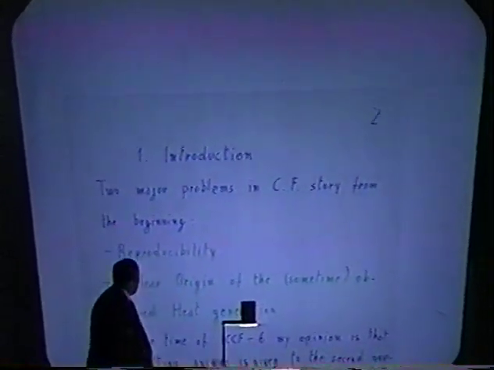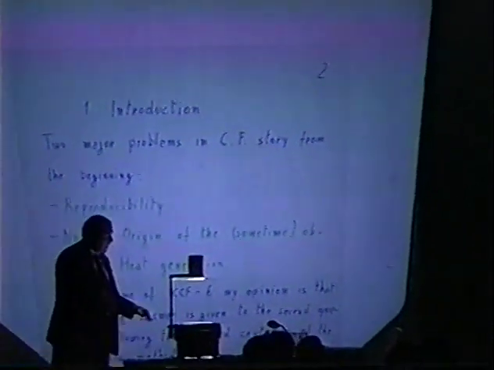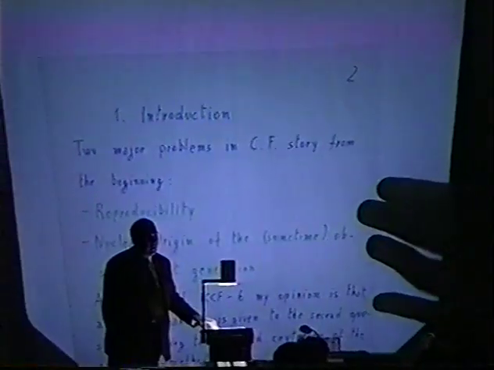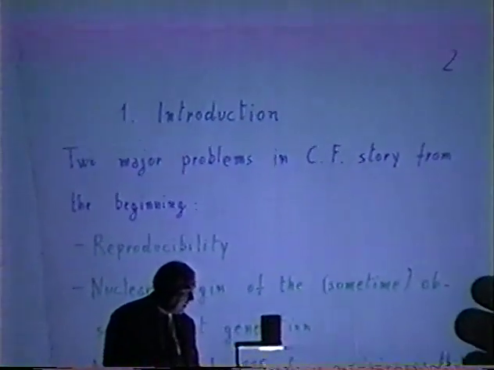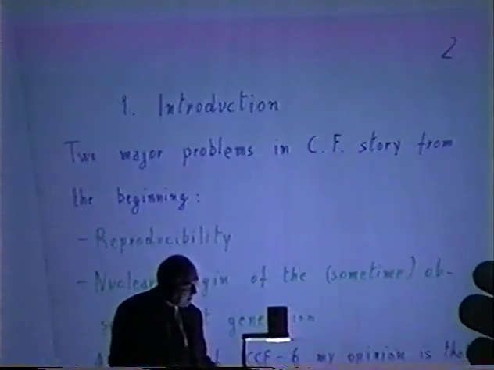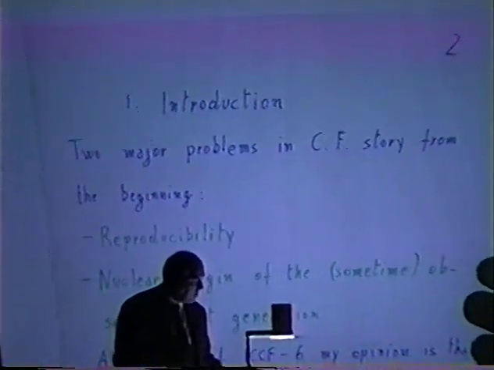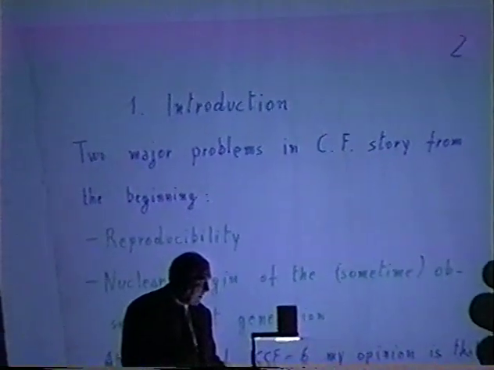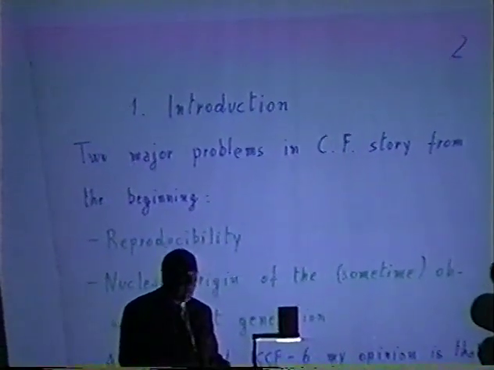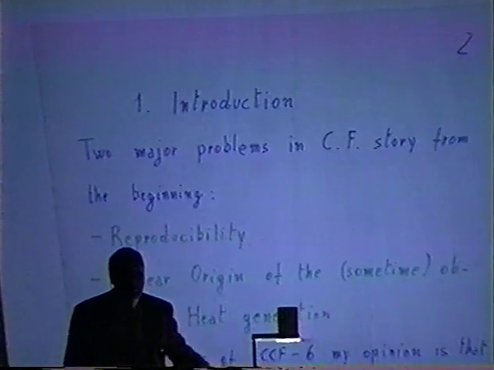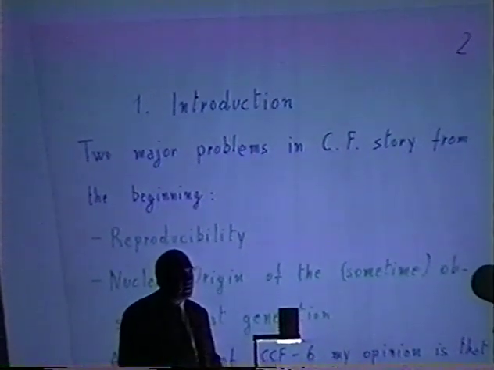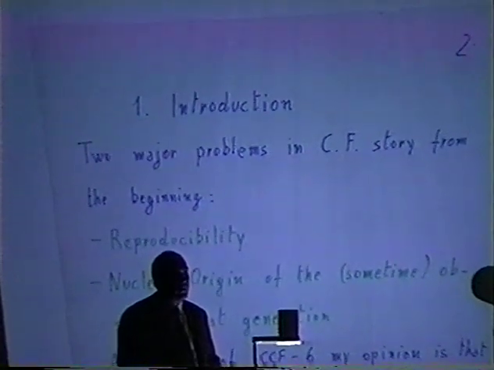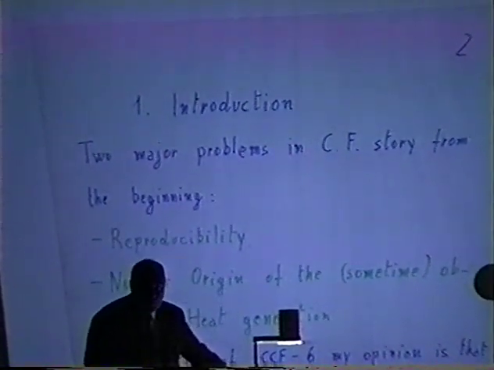Now, let me start with some remarks that everybody knows. From the beginning of the story, all of us were really struggling with two main problems in the field. One is reproducibility. The second one was the nuclear origin of the observed excess heat that was sometimes seen by different groups.